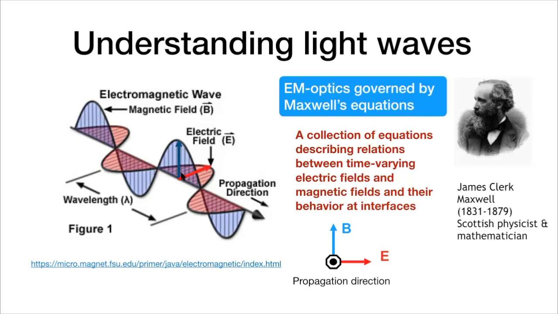If we take a plane perpendicular to the propagation direction, the electric field vector will be here, and the magnetic field vector will be perpendicular to the electric field, and perpendicular to the propagation direction.